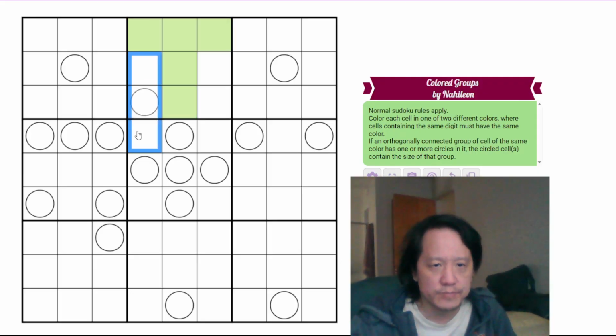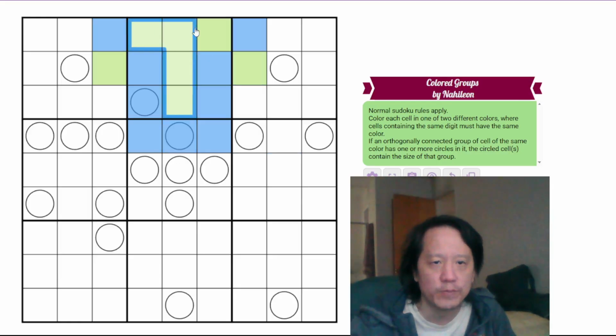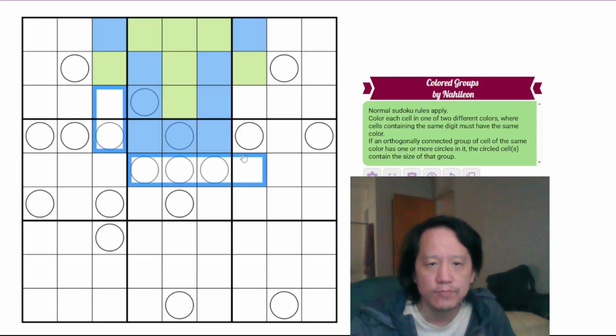So if this were the coloring here, this green cell would form a region. This blue cell would form a region. Say it was like this, then, we're going to try to form a somewhat valid one.